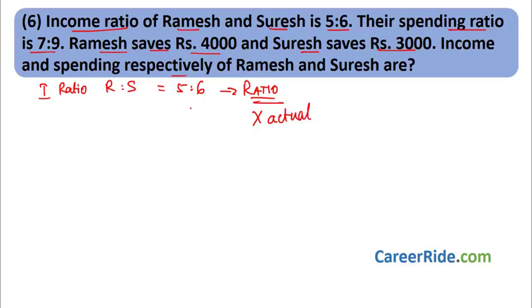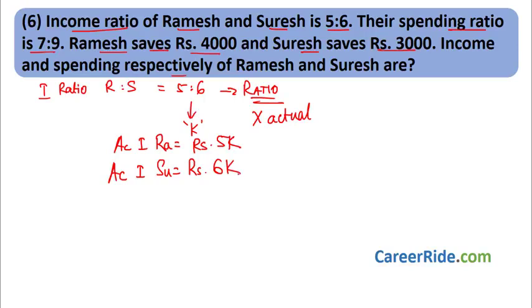So how to find actual values? We have learned, let the common factor be K. So the actual income of Ramesh is how much? Rupees 5 into common factor, that is 5K. Actual income of Suresh is how much? Rupees 6 into the common factor, 6K, right?